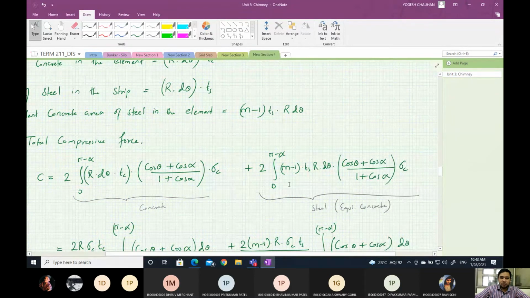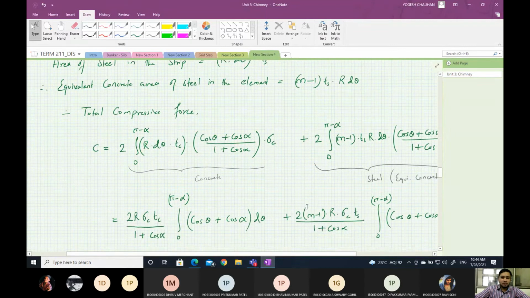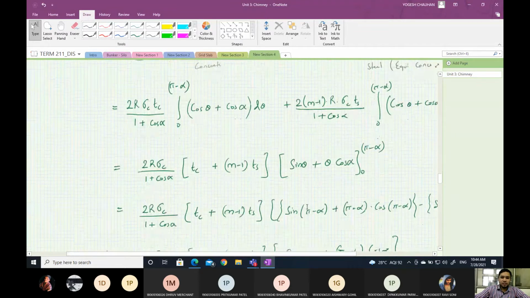And similarly for the steel, it will be 2 times integral 0 to pi minus alpha m minus 1 ts r d theta, which is the equivalent concrete area of steel. So multiply by the corresponding stress, that is cos theta plus cos alpha upon 1 plus cos alpha into sigma c. Then we integrate this.